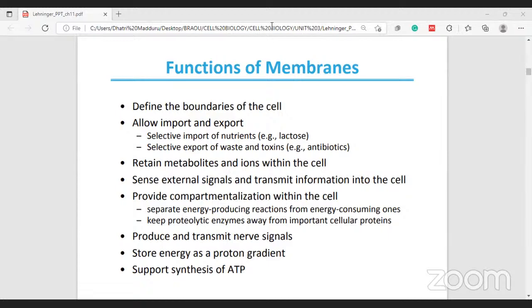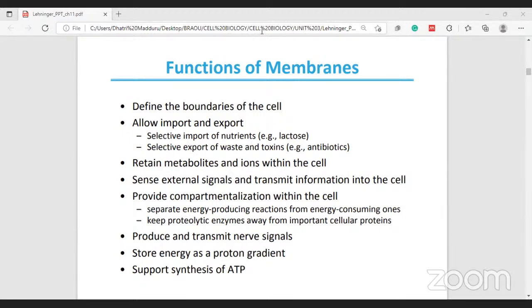And they produce and transmit nerve signals. This is especially the case in neurons. So we have myelin sheath and axon. The axon is surrounded by myelin sheath. Again, there come the membranes. So whatever the signals, the synapse, those signals are transmitted and produced by the membranes, and they store energy as a proton gradient.